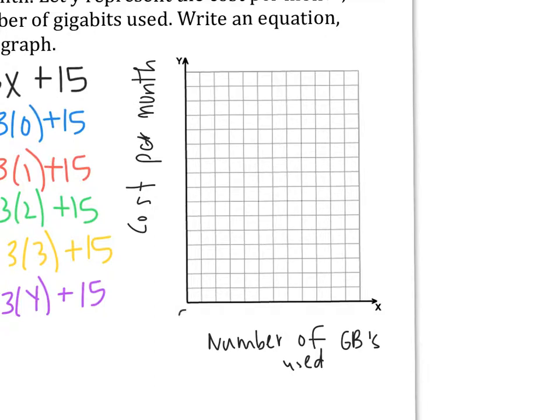So if I label my axes, I'll start with 0, and I'll go up by 2's. And then on the y-axis, I'll count by 10's, but each line will represent 5.